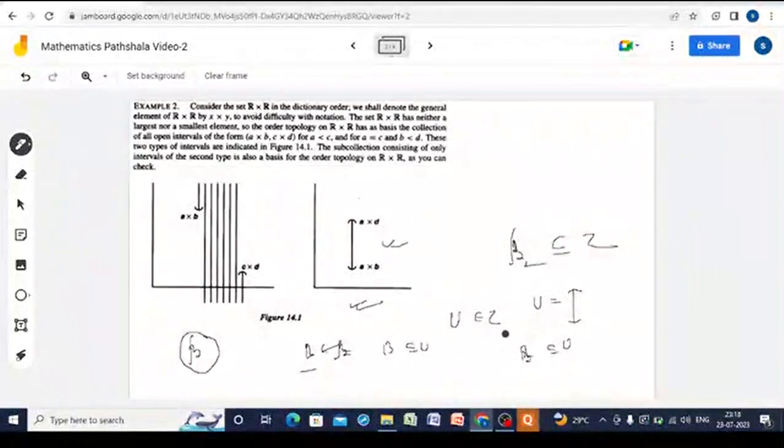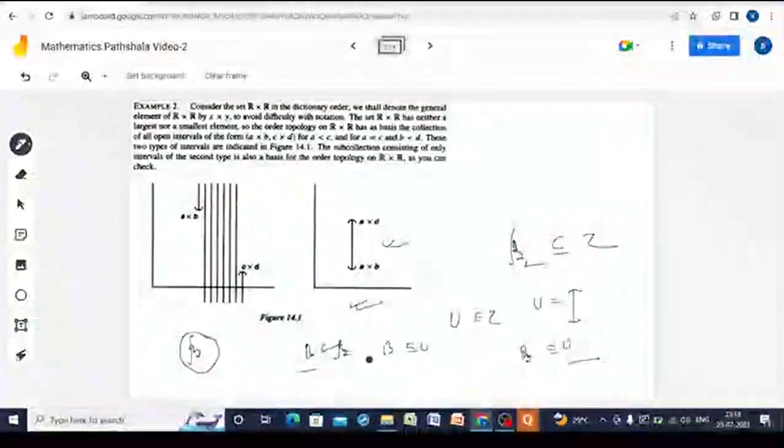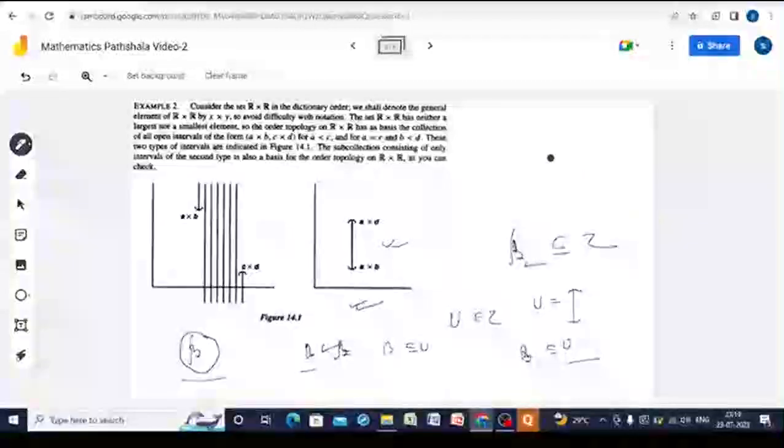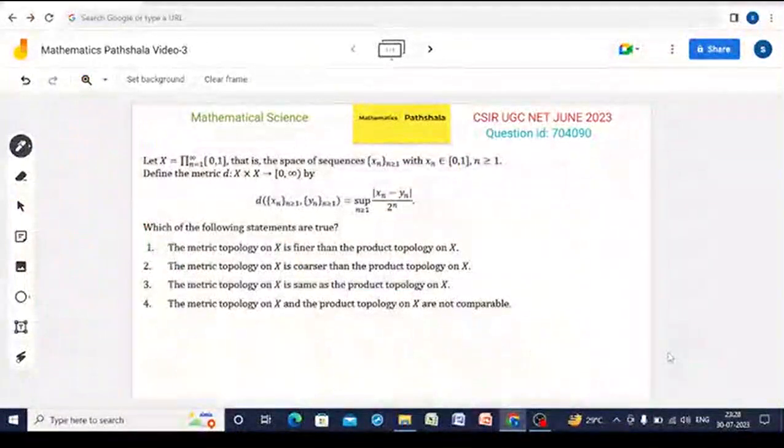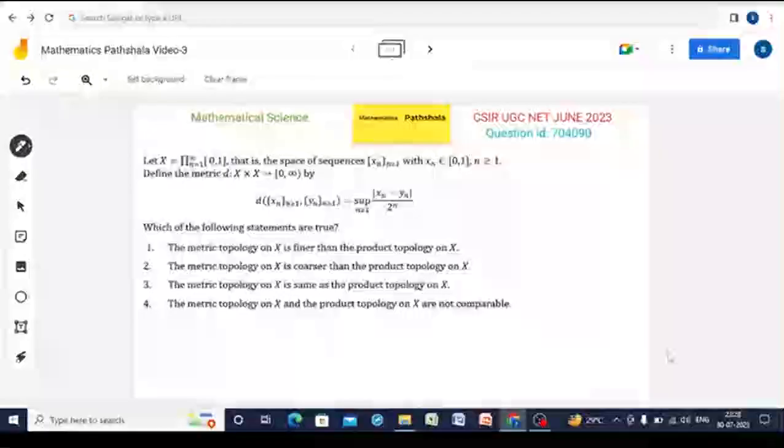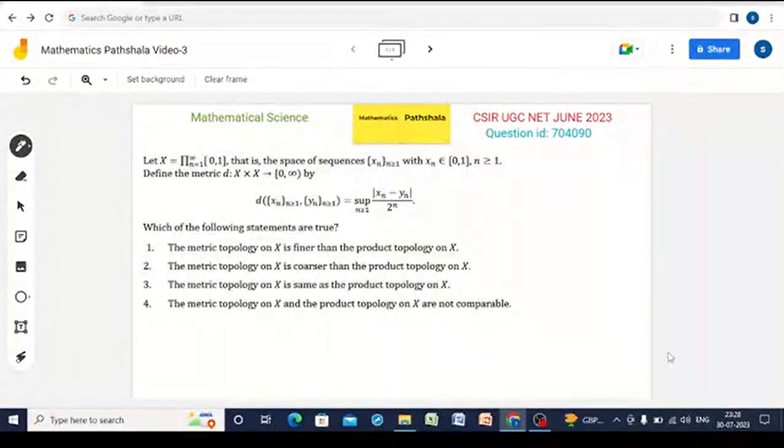So any member B belonging to script B, that means any line parallel to y-axis, cannot be a subset of this line segment U. So this script B does not form a base for the usual topology on R2. So option 2 is not correct. And this is another problem on CSIR UGC NET June 2023, and 704090 is the question ID.